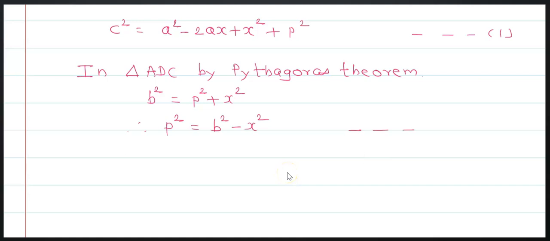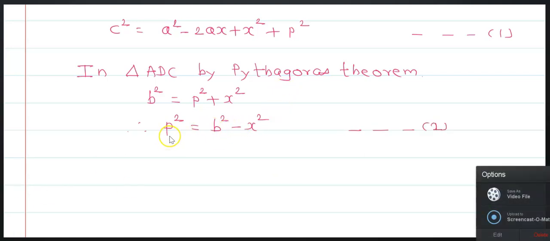Here we will find the value of p square, which is p square equal to b square minus x square, and we will substitute it in equation 1.